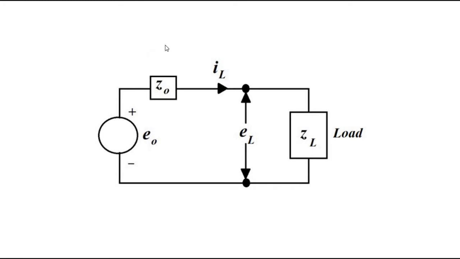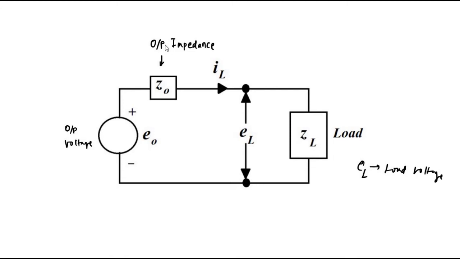As we are dealing with the output side, the output impedance is the factor we are interested in. There is a difference between output voltage and load voltage. EL is the load voltage.